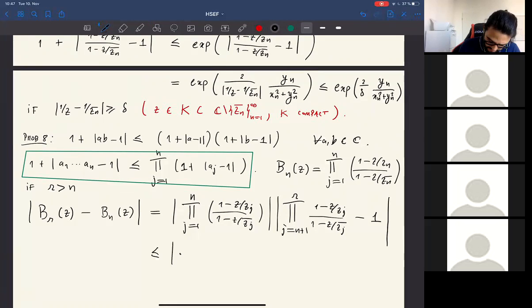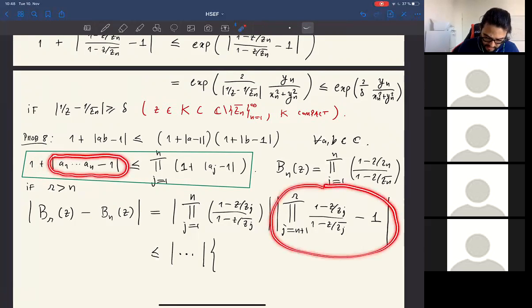So then we have the first product here, which I would just denote by these 3 dots. And we have a second problem, which is this guy. So then I'm applying the lemma. Well, and I will have to move this 1 to the right because I just have this thing on this right-hand side.